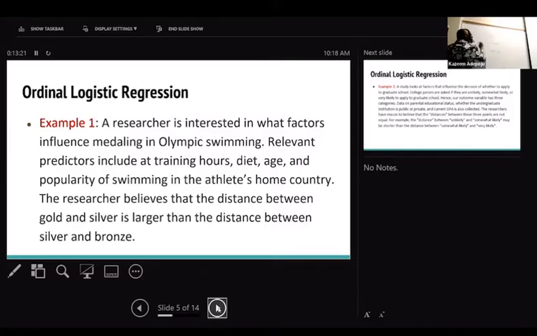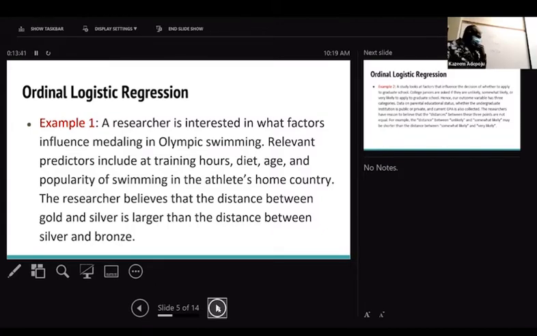Now, these are the levels of the response, right? And you know what? These are ordered. You know why? Gold is bigger than silver when you want to talk about the rewards, right? Gold is more than silver. Silver is more than bronze.